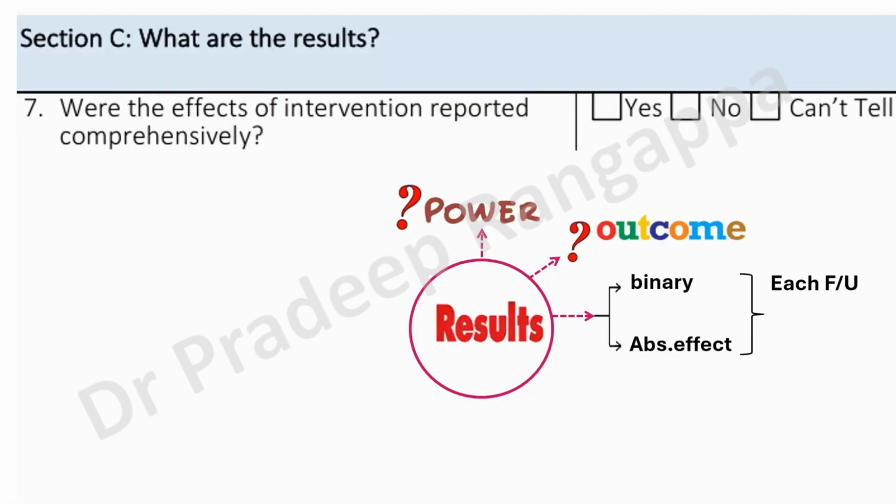Each follow-up has to be done, and in each study group, whether binary outcomes or absolute effects were looked at is something that has to be checked. And you have to ask whether there was any missing data or dropouts, because there are many trials.